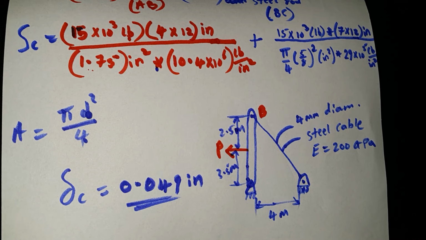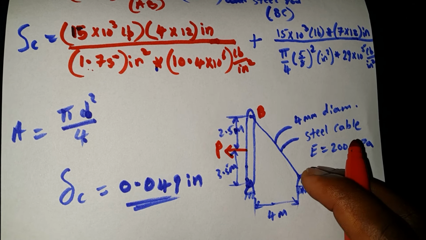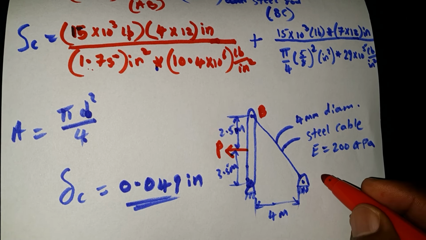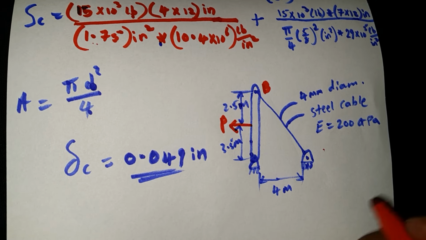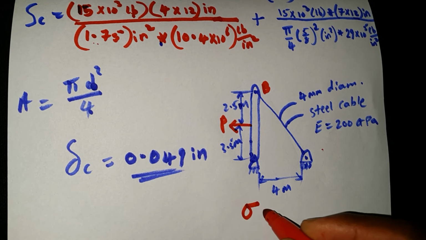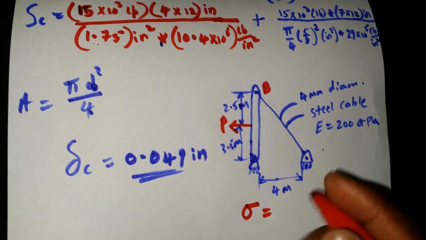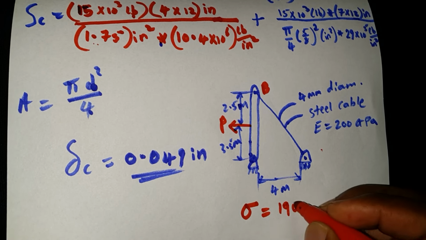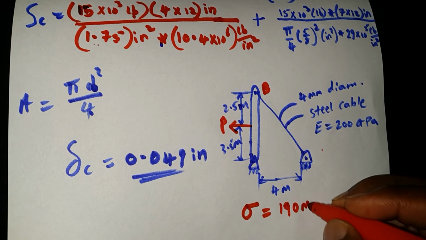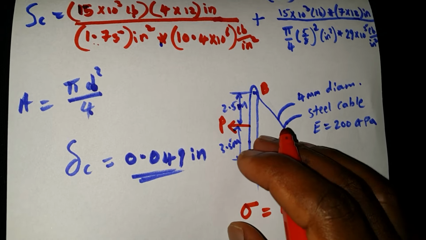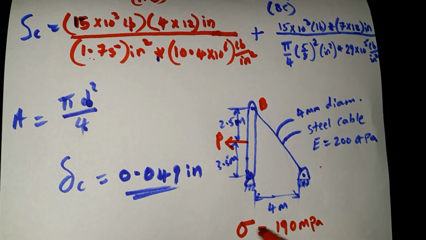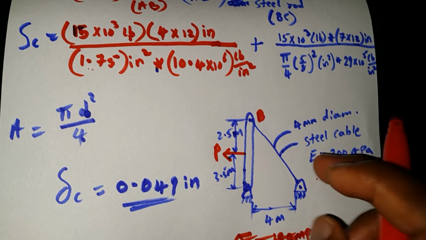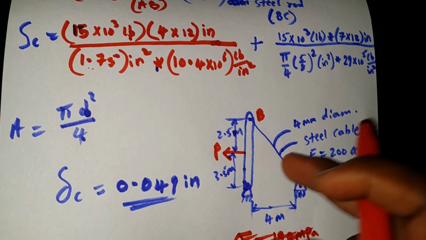First of all, you have to find P. Okay, let's say the stress is given as 190 megapascal. The elongation we are looking for is, okay, use this as your homework, solve it.